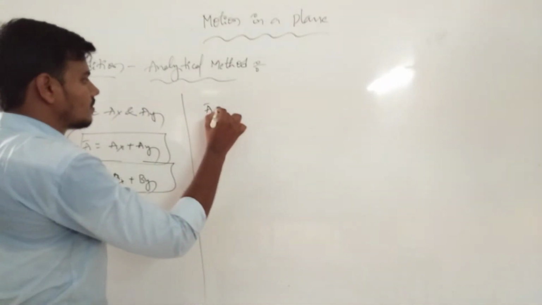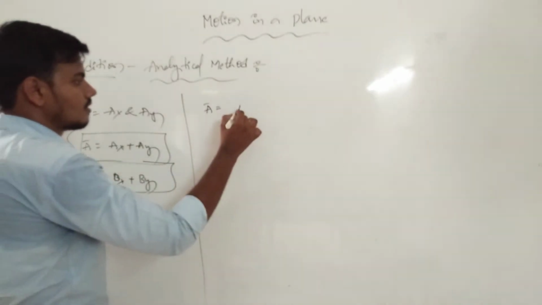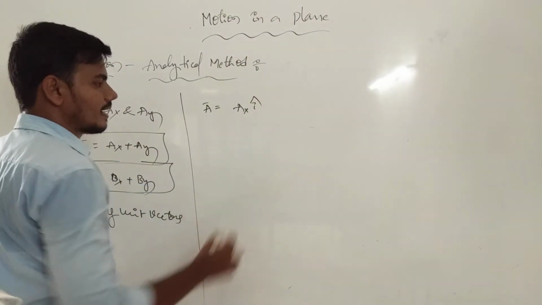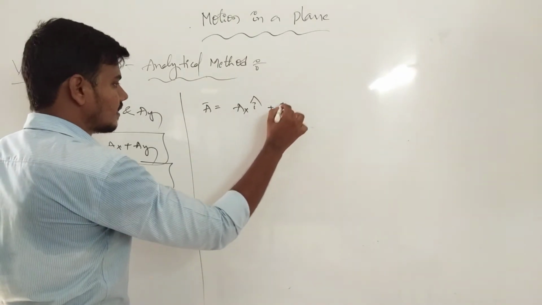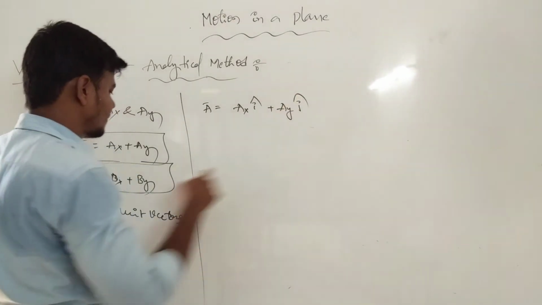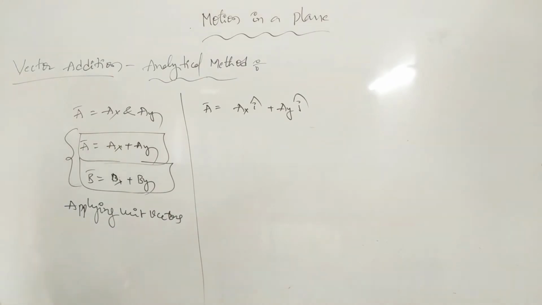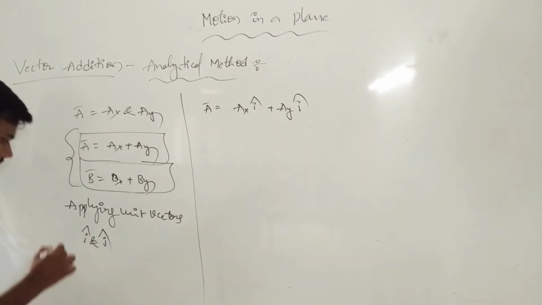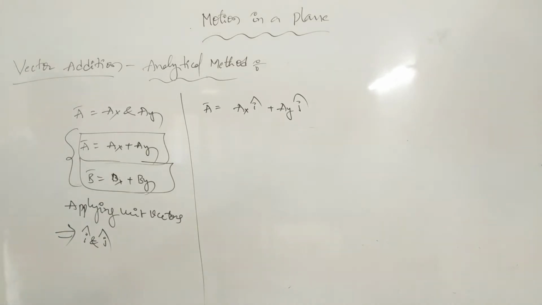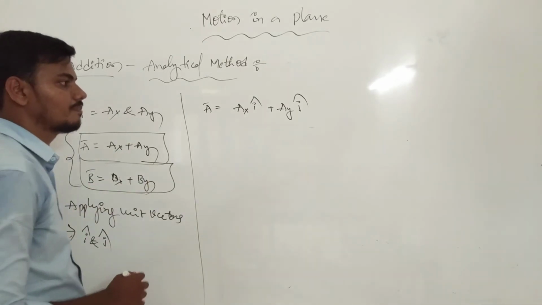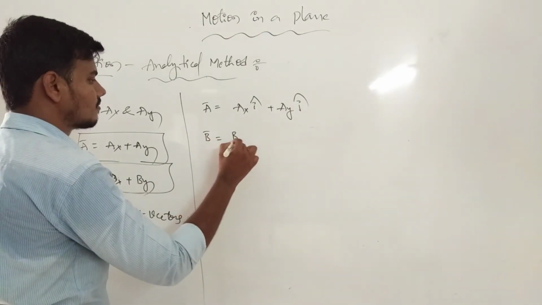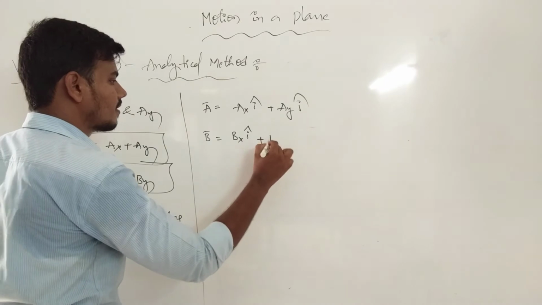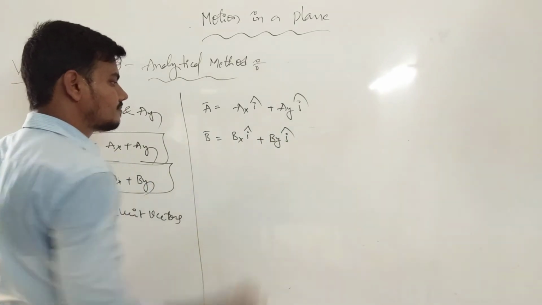A bar is equal to Ax i cap, Ay j cap. First, we are applying unit vectors, i caps and j caps. A bar is equal to Ax i cap plus Ay j cap. Now B bar is equal to Bx i cap plus By j cap.